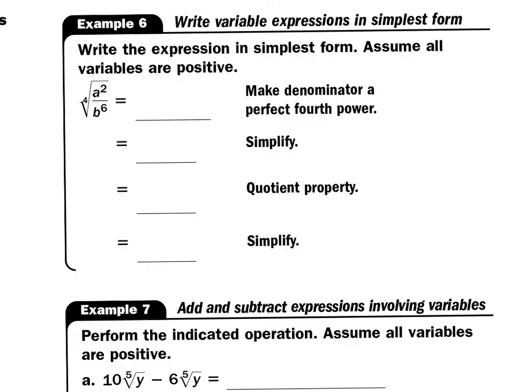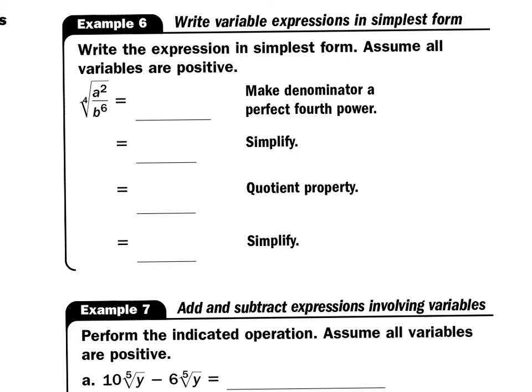Okay, write the variables in simplest form. So we need to get rid of the 4th radical on the bottom. And then how can I do that? Well, if I multiply it by a b squared, do you see that I'll have a b to the 12th, and that's a perfect radical?